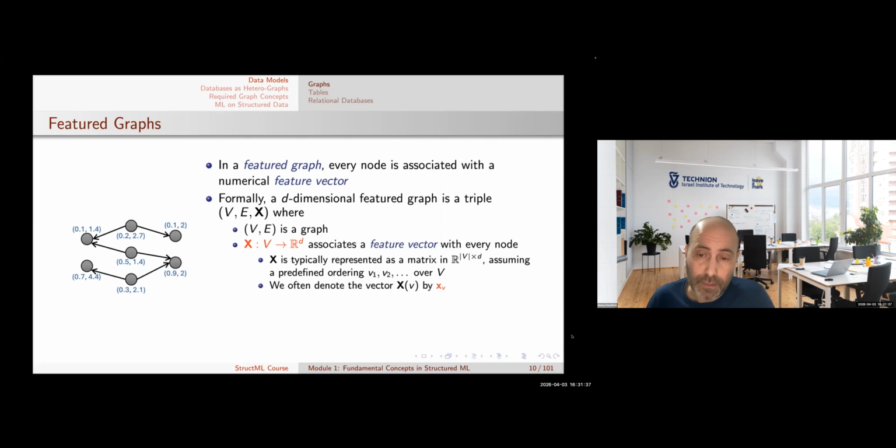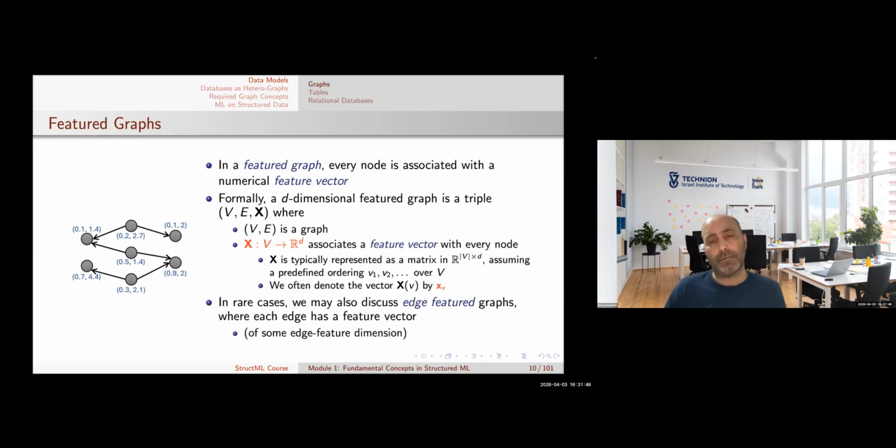Notationally, instead of writing big X of V, write it as small x with the subscript V. There are also usages of edge features, and we might mention them here and there, but we're not going to focus on edge features in the course.